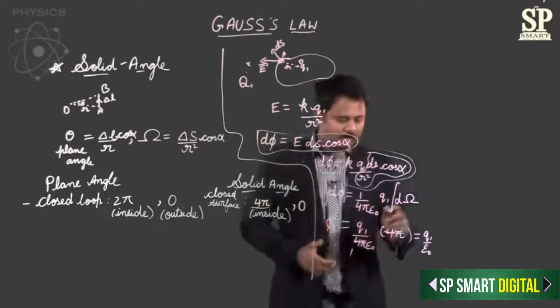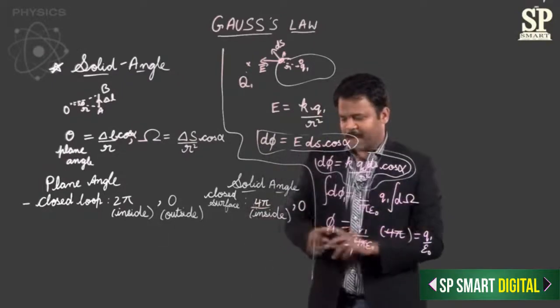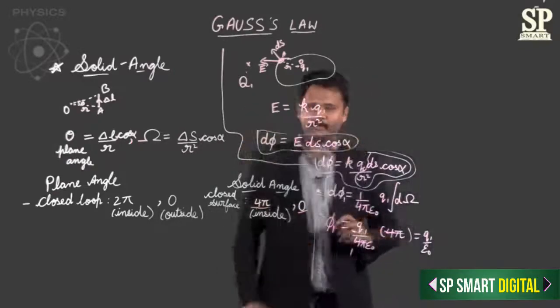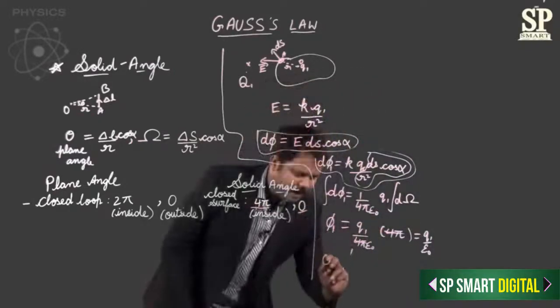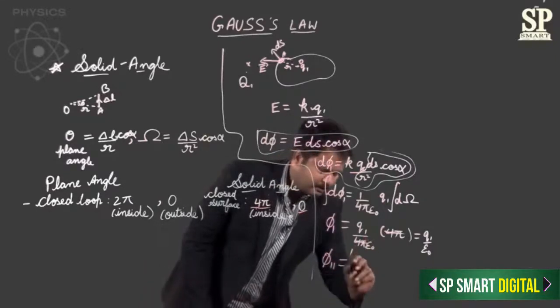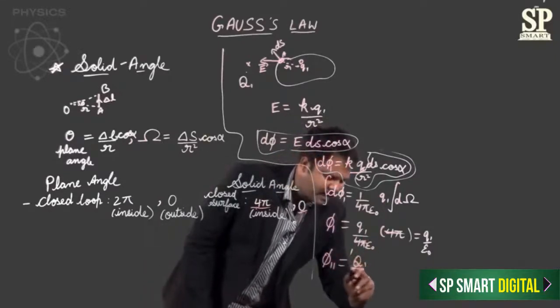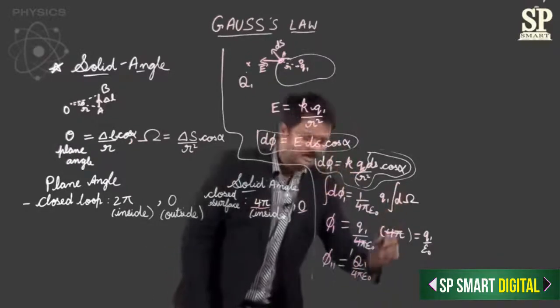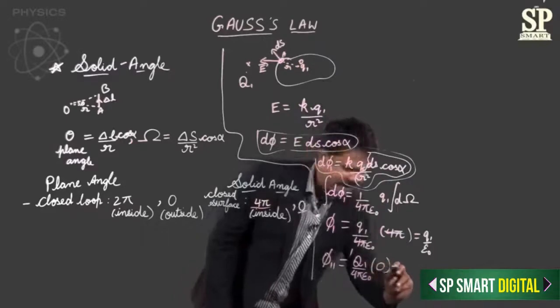And for that, this integration doesn't become 4 pi, but it becomes 0. So if we denote this particular integral as phi 1 1, then I get Q1 upon 4 pi epsilon naught times this integration is 0. So I get a 0 here.